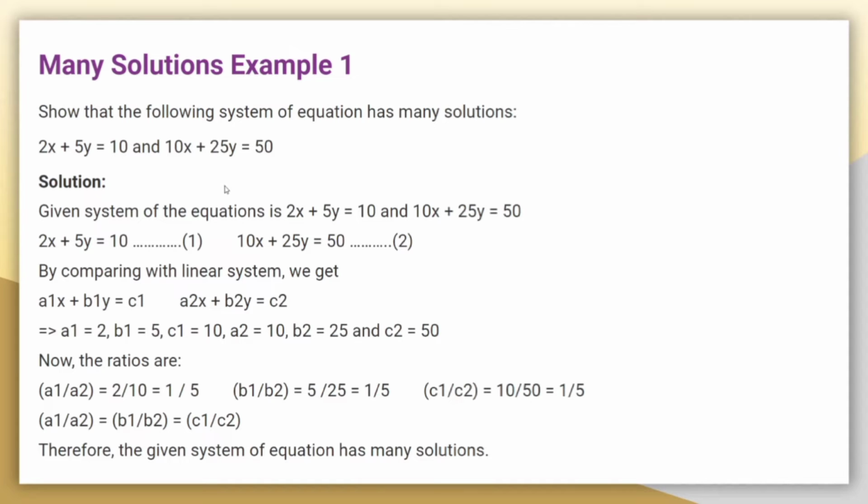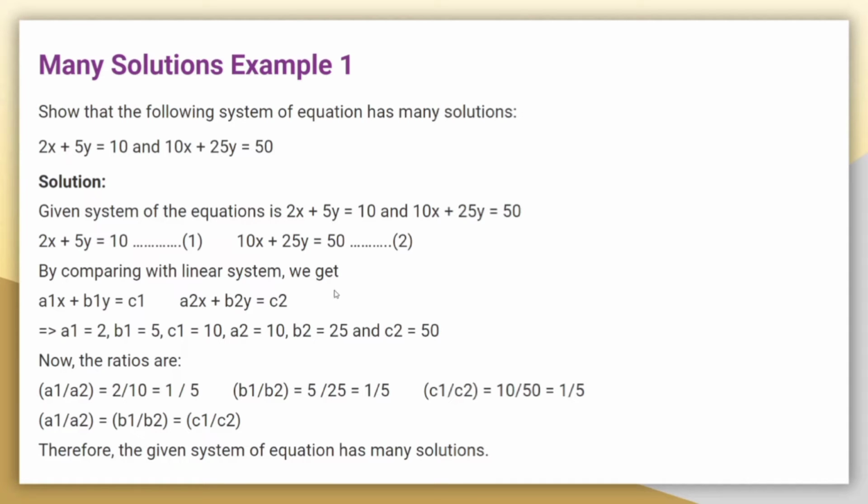How we solve this is, firstly, let's label the equations so we can easily identify both, and then we compare them with the linear system. The basic formula of a linear system is usually a x + b y = c, and since we have two equations, we just add 1 and 2 for each of those.